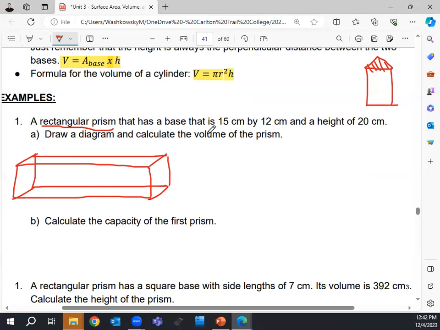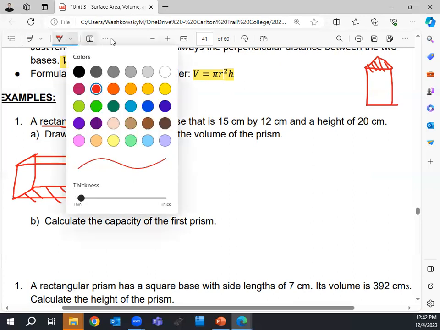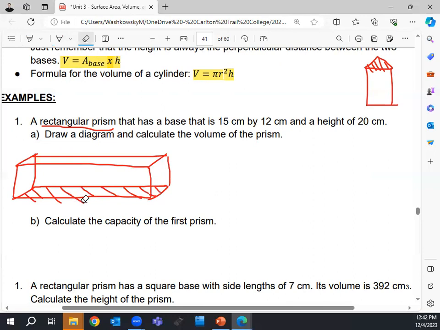So it's saying it has a base that is 15 times 12. Now my base, don't color this in, but my base is going to be this thing here, right? In fact, you can if you want. You can shade it in like this. So my base is that stuff I drew those lines through, right?